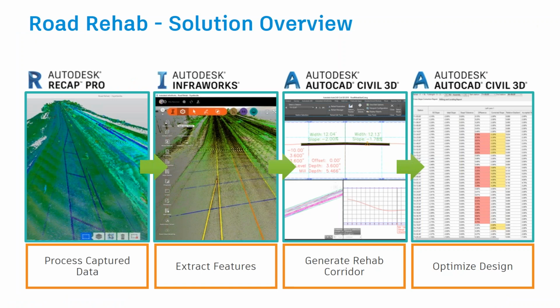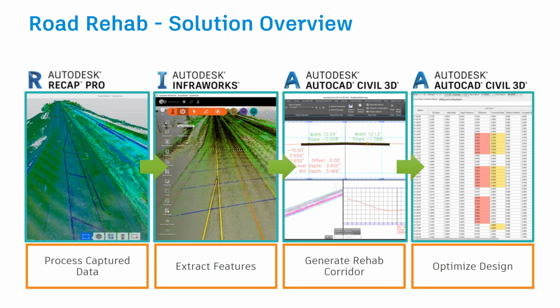So if we are talking about road rehabilitation, we have different tools which are really helping you to tackle this task. If we are talking about point clouds, and here it's based on the point cloud, but I will talk also about conventional or classical survey.